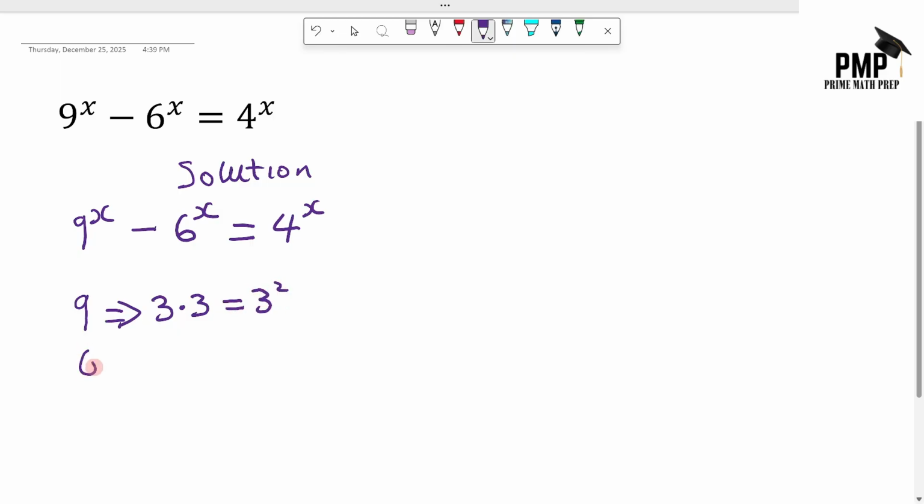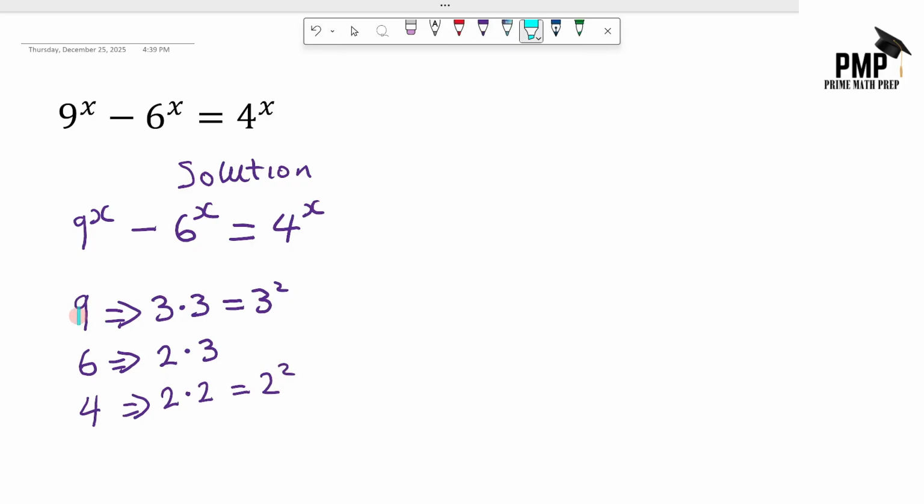The second number 6 can also be written as the combination of 2 multiplied by 3. We'll leave it at this. The number 4, which is the third number, can be written as the combination of 2 multiplied by itself, which can still be written as 2 squared.